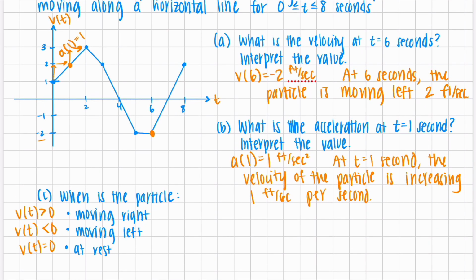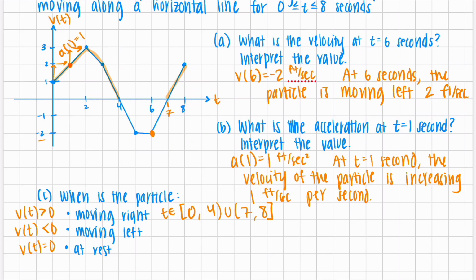That's going to be wherever this graph is above the t-axis, the x-axis. So I can say that the particle is moving right for t in the intervals 0 to 4, and this is 7 right here, and 7 to 8.